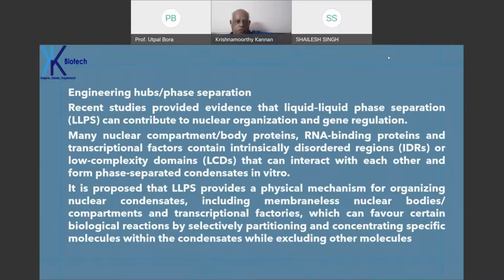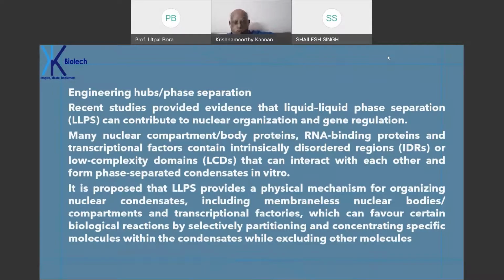It provides a physical mechanism for organizing nuclear condensates, including membraneless nuclear bodies, compartments, and transcriptional factories, which can favor certain biological reactions. I told you, only under certain substances will they go and interact and form. Otherwise, they will not, by selectively partitioning and concentrating specific molecules within the condensate while excluding other molecules.